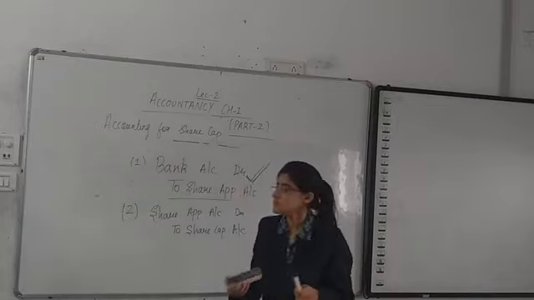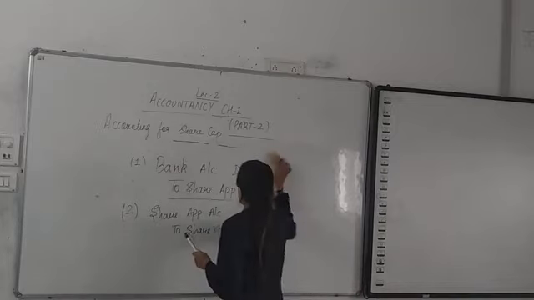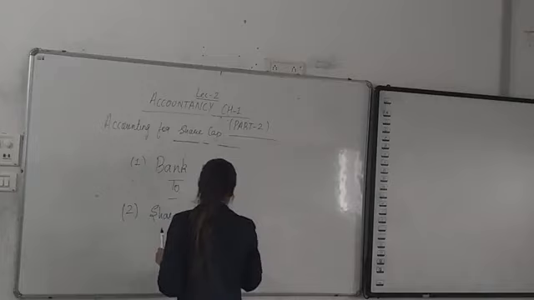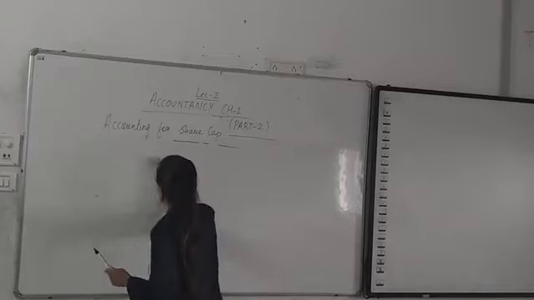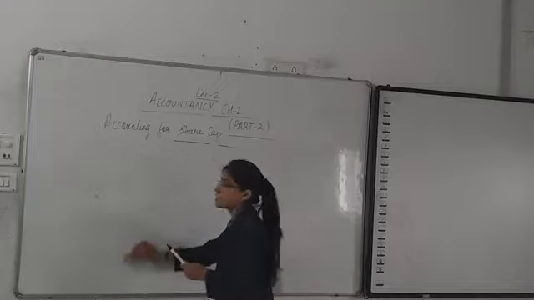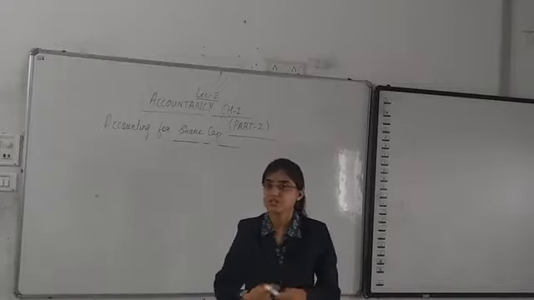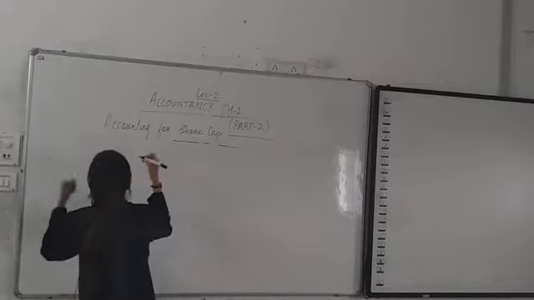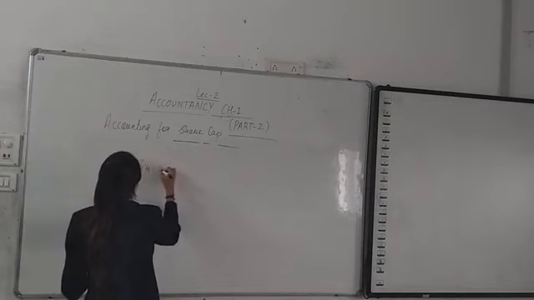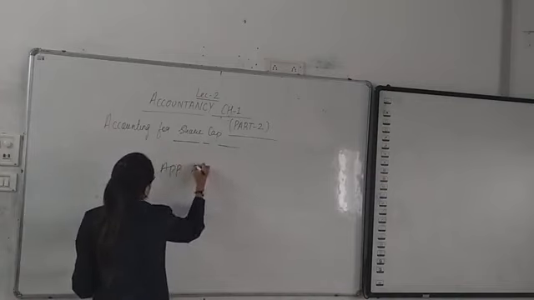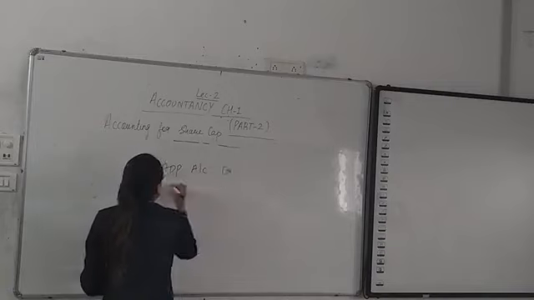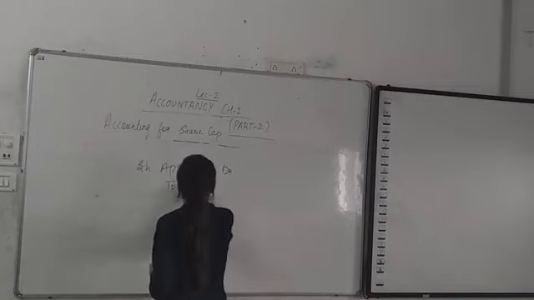Let me clarify this. When you receive application money, the journal entry is bank account debit to share application account, right? But when you reject applications, the journal entry is reverse. Share application account debit to bank account.